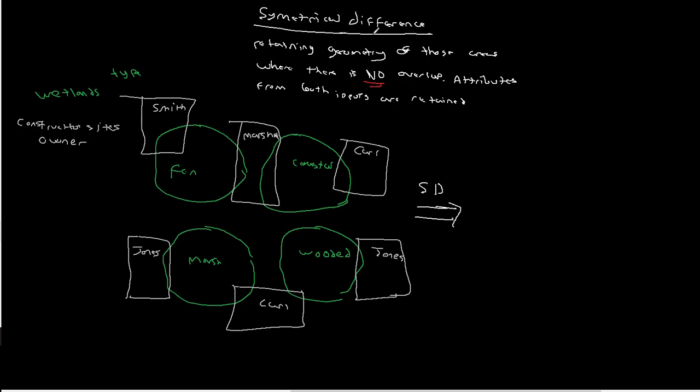Okay? So what are we going to be looking at? Well, the idea with symmetrical difference, as it was written, is we retain the geometry of those areas where there is no overlap. So put another way, we're going to remove overlap. So let's look at overlap.